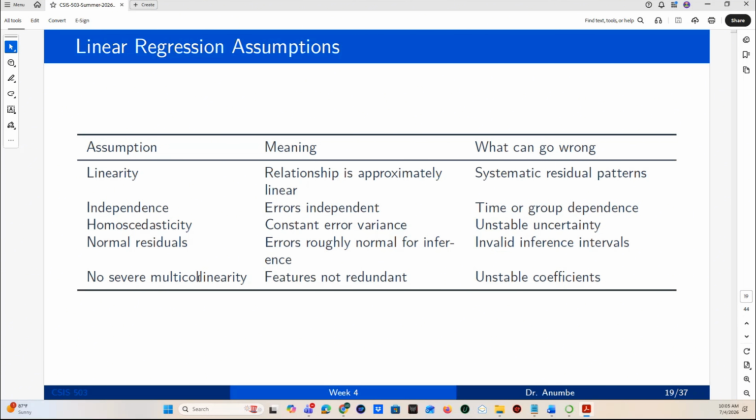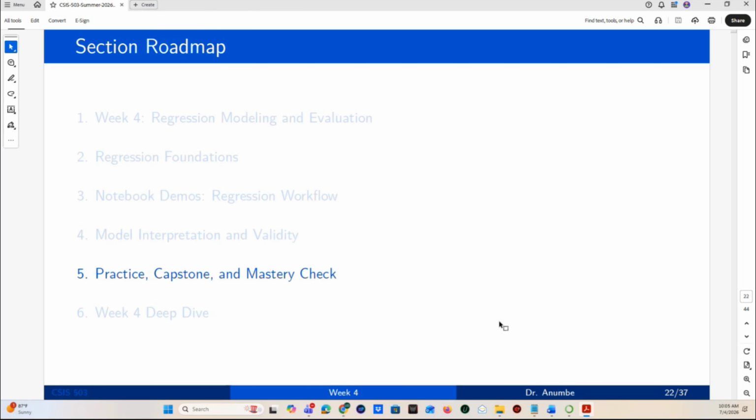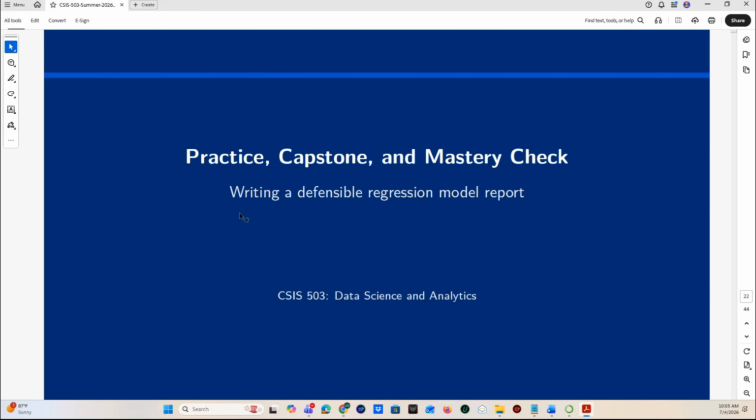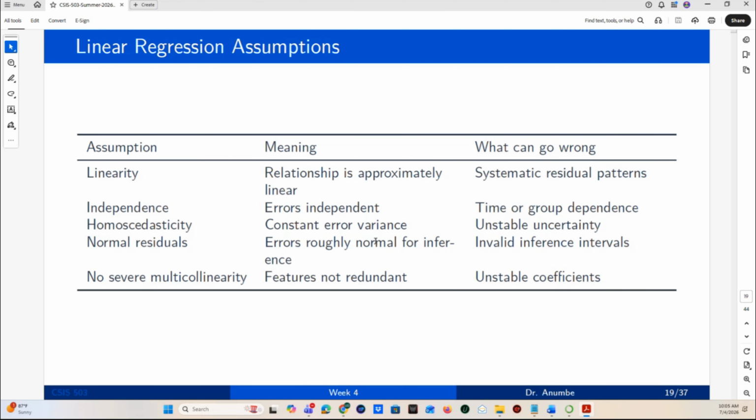Continue later, but let me just touch on a few more of these before we go, because this is writing your defensible regression model reports. But let's touch on this before we go to the next steps.